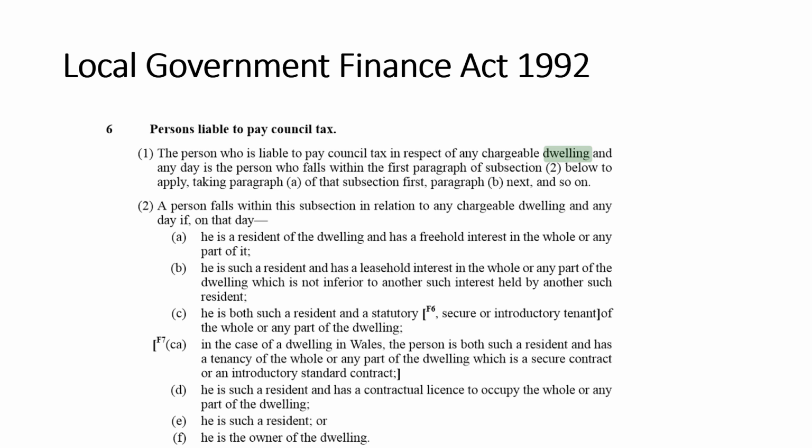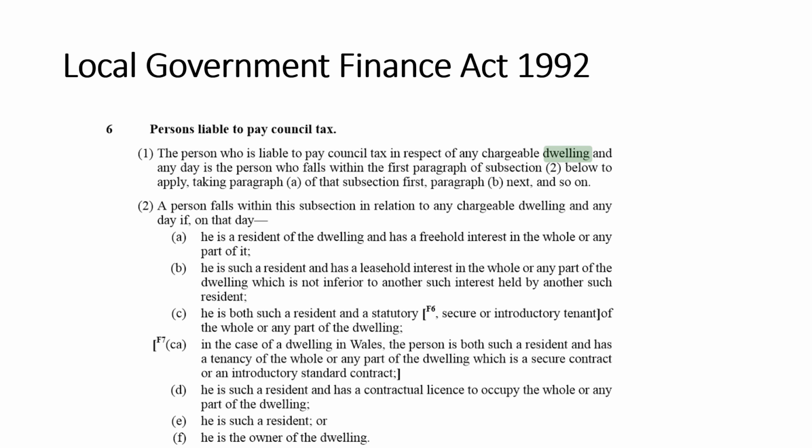He is both a resident and a statutory introductory tenant of the whole or part of the dwelling. In the case of the dwelling in Wales, okay, where the person, such resident, has a tenancy in whole or part of the dwelling, which is a secure contract or an introductory standard contract. Such a resident's contractual license to occupy or any part of the dwelling.